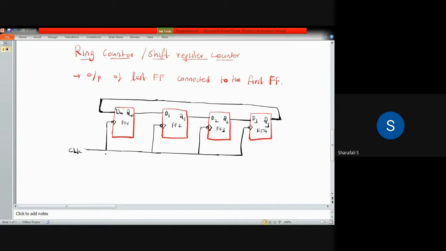And you will also have one connection, which is the clear and preset. Clear and preset connection will be there. So preset will be connected to this, and clear has to be connected to these flip flops.